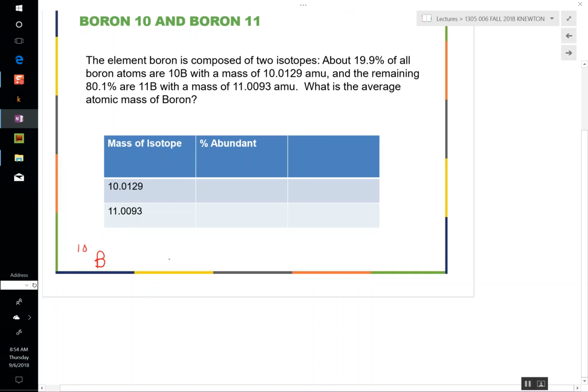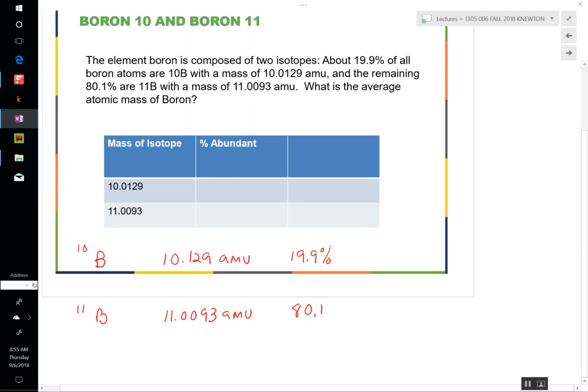So you kind of figure out, you've got boron 10, it has an atomic mass of 10.129 atomic mass units, and there's 19.9% of that one. Boron 11.0093 atomic mass units, and it's 80.1%.